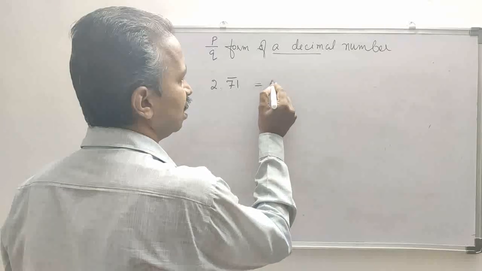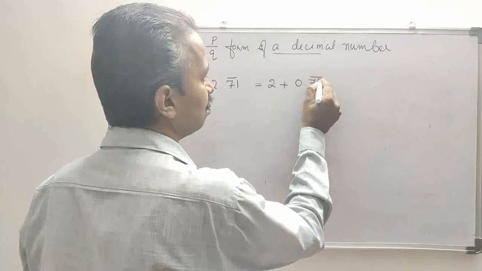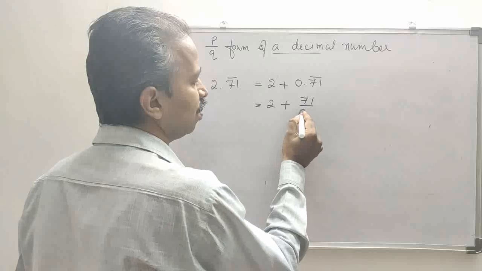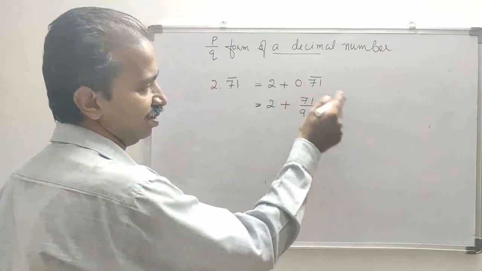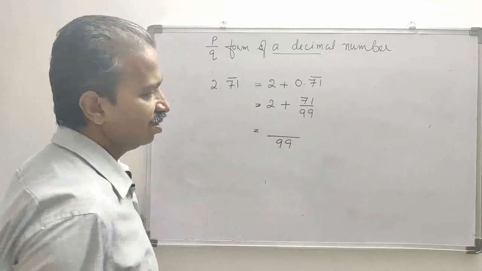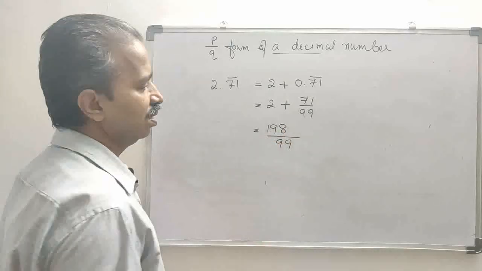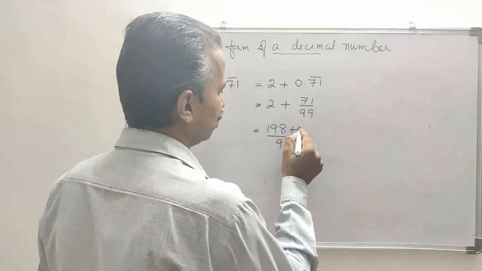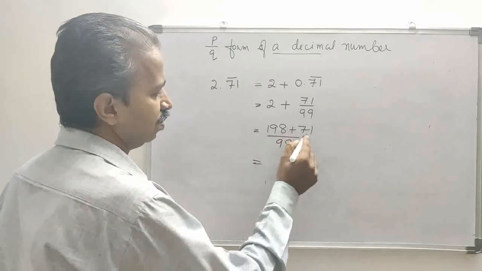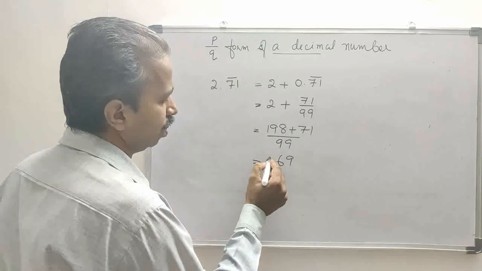2.71 bar can be written as 2 plus 0.71 bar. That is equal to 2 plus 71 upon 99. When you make the denominator same by taking the LCM, 2 9s are 18, 198 plus 71 we get. 8 plus 1 is 9, 9 plus 7 is 16, then 1 plus 1 is 2.